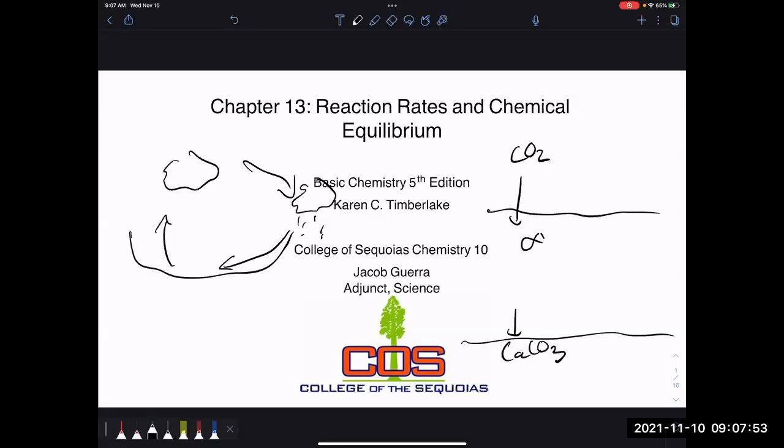So there's this dynamic process, but this arrow down here, the rate that it's turning into lime, is really small compared to the amount of CO2 that's going into the ocean. For the ocean, what that means is you get a lot of H2CO3, carbonic acid, which is why we have ocean acidification, and it's killing coral reefs and stuff.